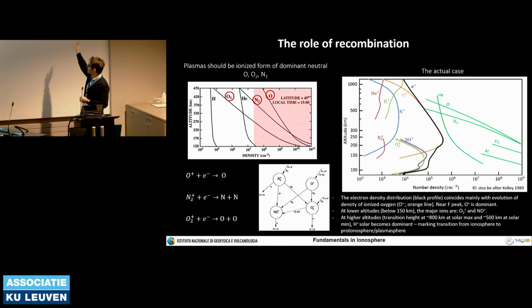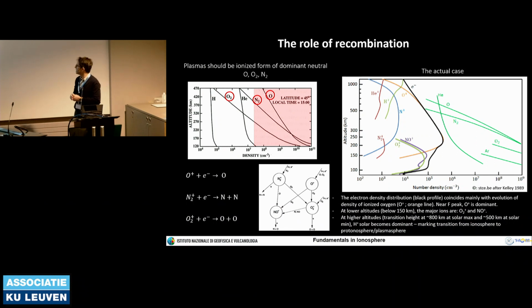On the right, you will see the density of the neutral ones, which, as you may see, are more dense than the excited counterparts.